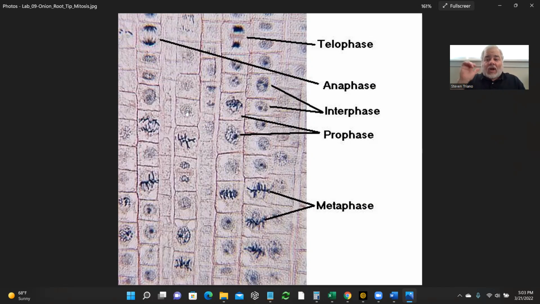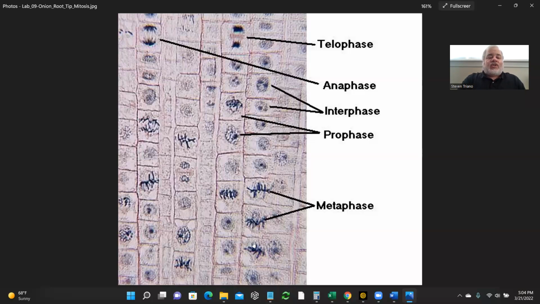Sometimes by rocking the fine focus back and forth, I might be able to see some detail that is just out of focus right now. And then just count till you get 20 of them, without any bias to pick the easy to identify ones or the clearest, darkest ones.